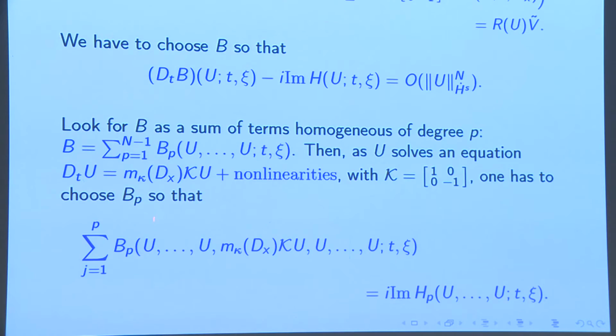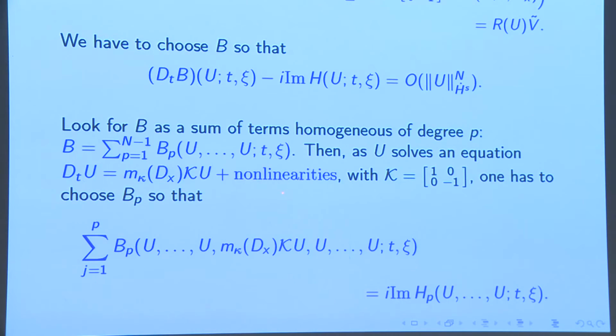So if I write what I get at the level of the contributions homogeneous of degree p, I will get Bp, in which I have replaced one of the arguments by the linear part of the equation, this j corresponding to the place of this argument going from 1 to p.